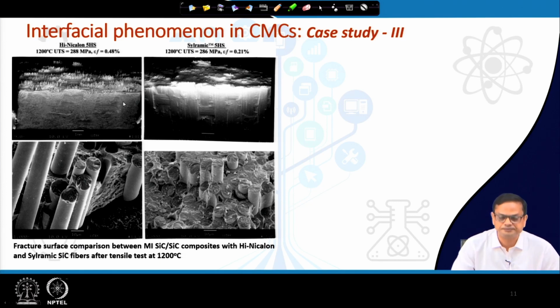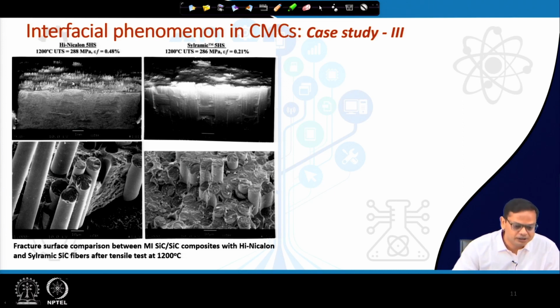The high temperature tensile test at 1200 degrees Celsius was carried out on the composite materials, and you are seeing the fractured surface. What you see initially is that this surface is much more rough compared to this. If you look closely, you see the long fiber. This side is for Nickelon, this side is for ceramic fiber. So, here the reinforcement is Nickelon fiber, and on this side the reinforcement is ceramic fiber.